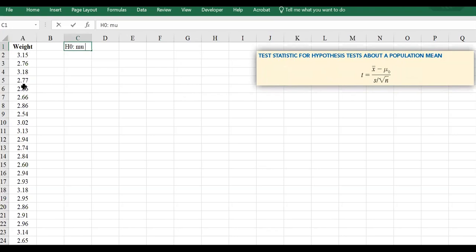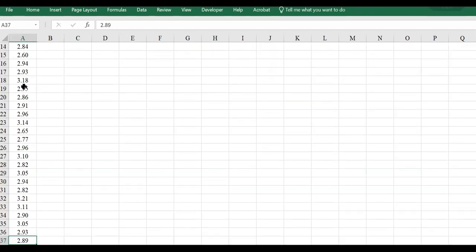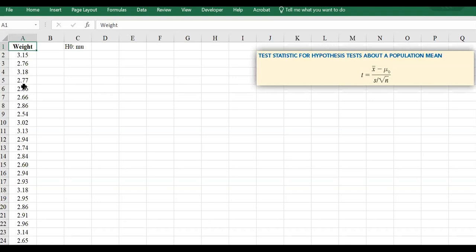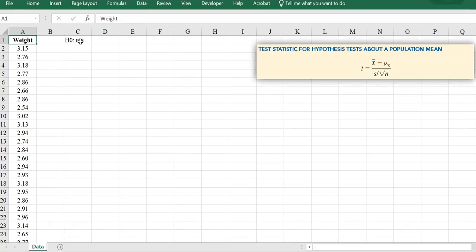So here I have a sample of 36 coffee bags, and I have their weights in pounds, each one of them. What I'm trying to do is see if for the whole company, the average weight is equal to 3 or not. So that's the type of test that I'm running here.